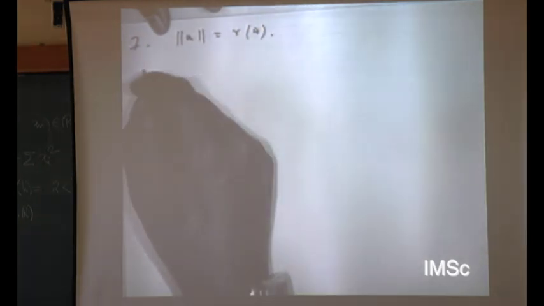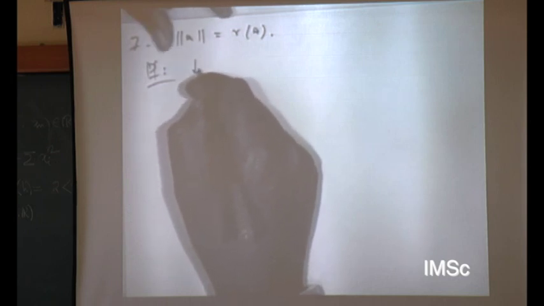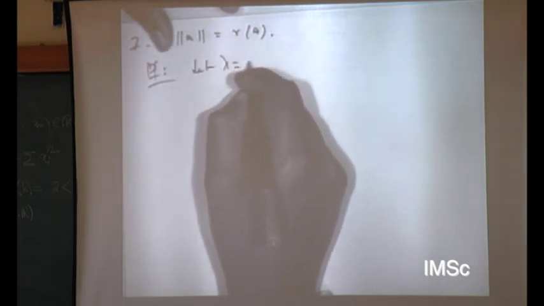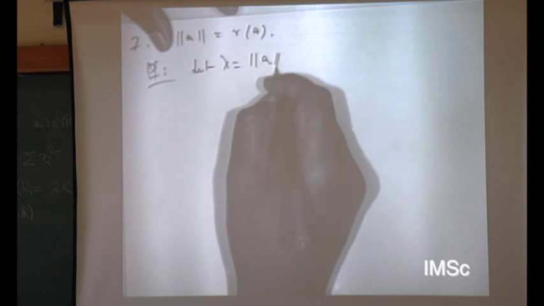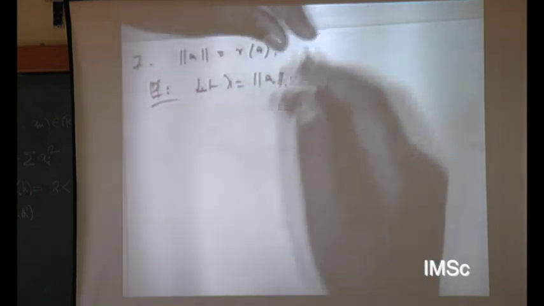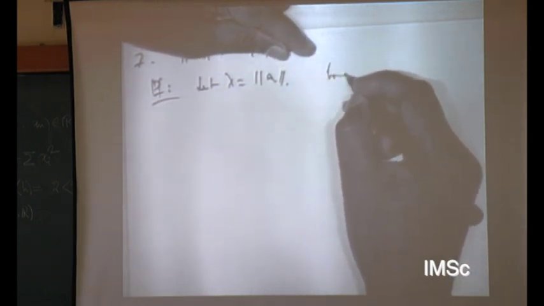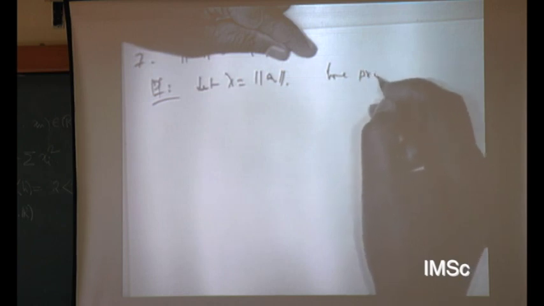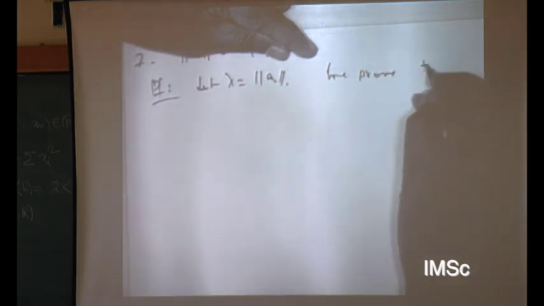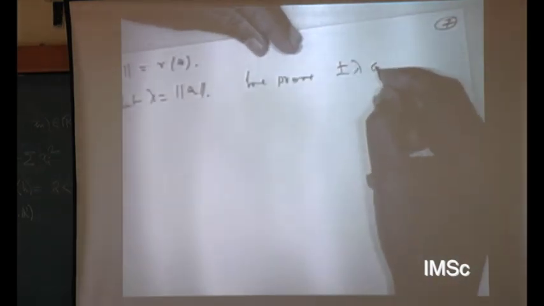Proof: let us write lambda equal to norm A. What I will prove is that plus or minus lambda belongs to the spectrum of A.